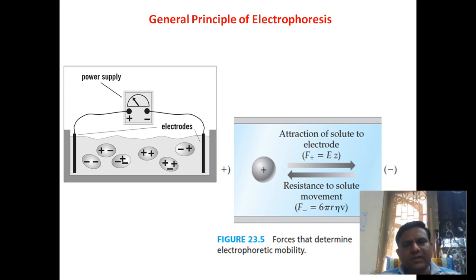Dear students, now we are going to discuss the basic principle of electrophoresis. You can observe on the slide there are two images. In the first image you can observe the tank, or reservoir, and in the reservoir there is a buffer, and within that buffer there are different types of molecules.